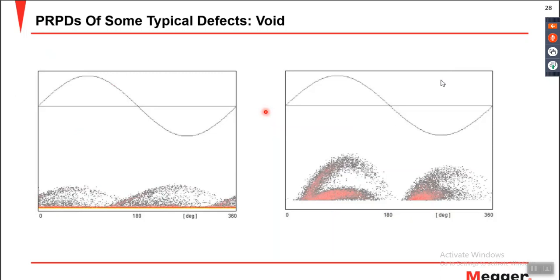And once you know the source of the partial discharge, whether it is a particle, a floating electrode, or a void, you can actually go into the GIS and find the exact connections or positions where the defect lies. So this is really important from an analysis point of view.